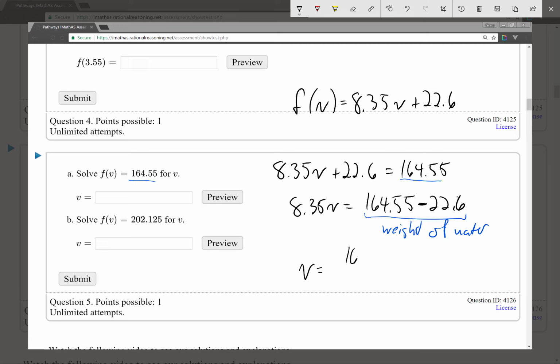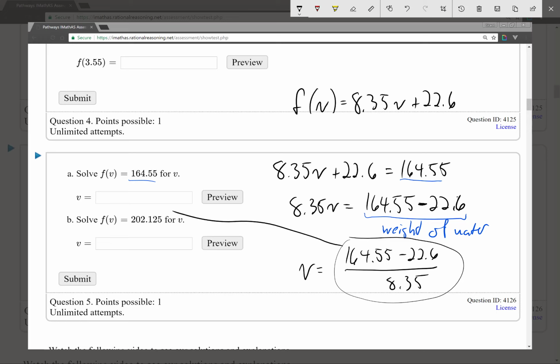So we take this expression and we divide by 8.35. Since this expression up here, this difference, represents the weight of the water in pounds, and the water weighs 8.35 pounds per gallon, this quotient right here represents the number of gallons of water. Now this will be our answer, and it represents a volume of water in gallons.